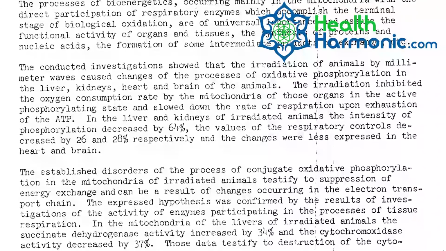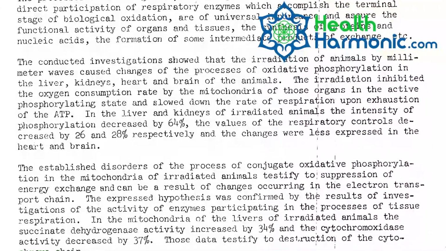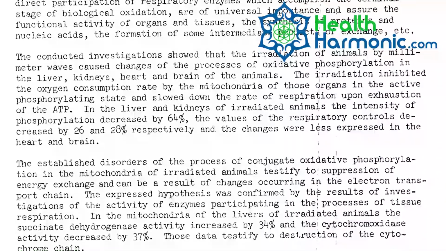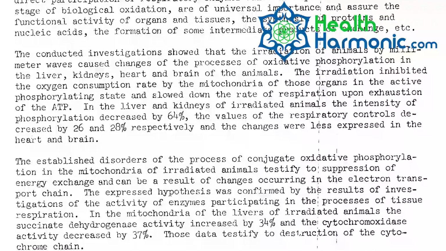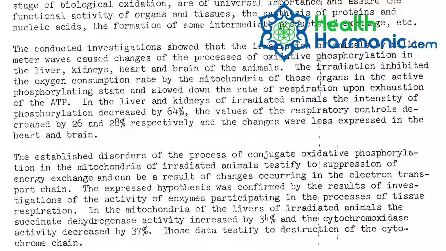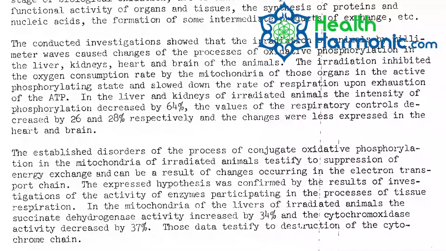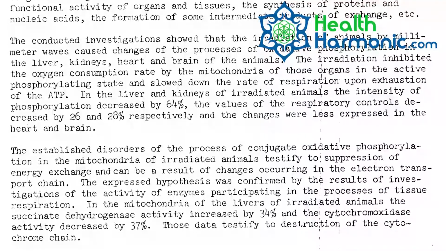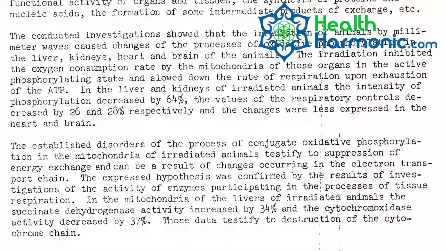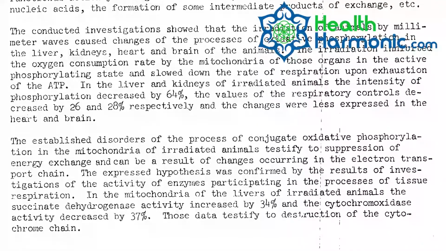In the liver and kidneys of irradiated animals, the intensity of phosphorylation decreased by 64%. The values of the respiratory controls decreased by 26 and 28% respectively, and the changes were less expressed in the heart and brain.